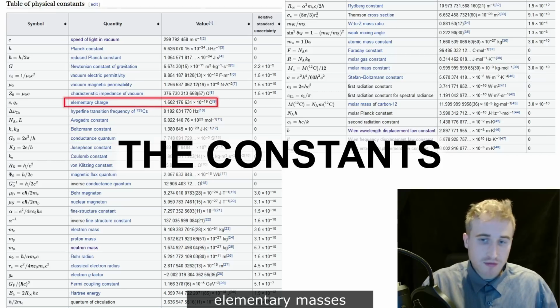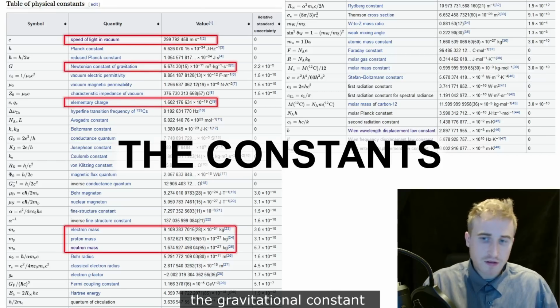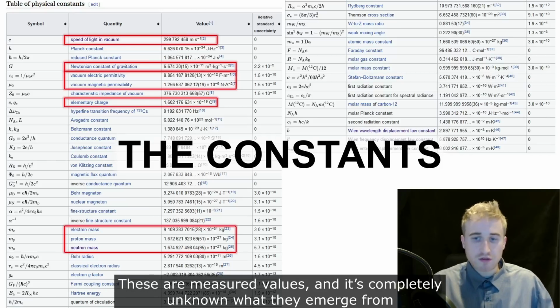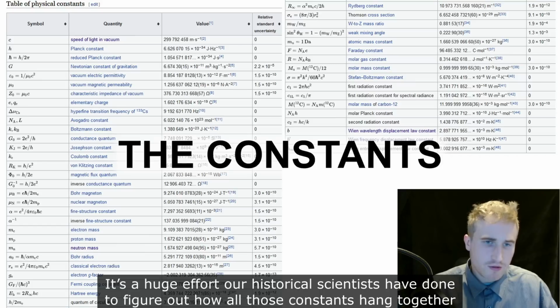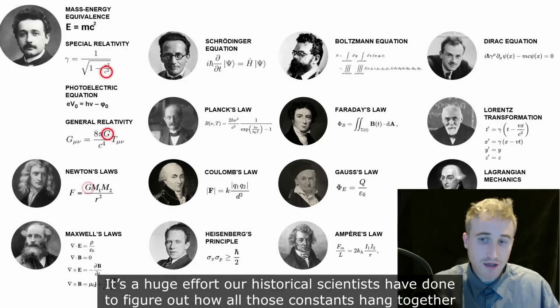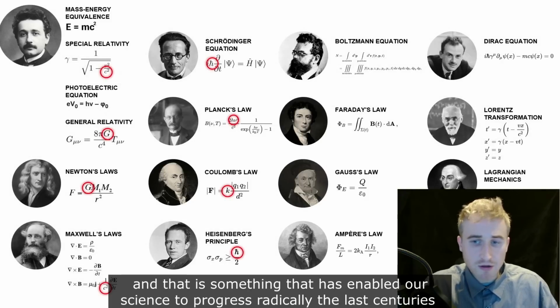Elementary charges, elementary masses, the speed of light, the gravitational constant, the dielectric and magnetic constant, and so on. These are measured values, and it's completely unknown what they emerge from. It's a huge effort our historical scientists have done to figure out how all those constants hang together and can be formalized as physical laws. And that is something that has enabled our science to progress radically in the last centuries.